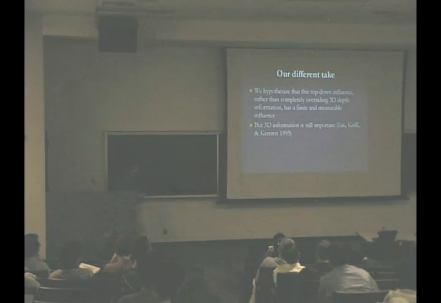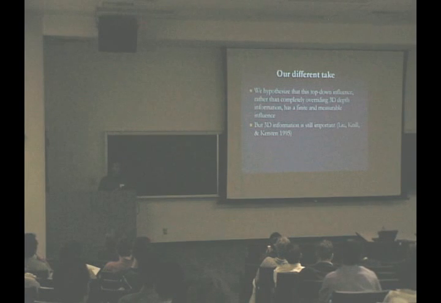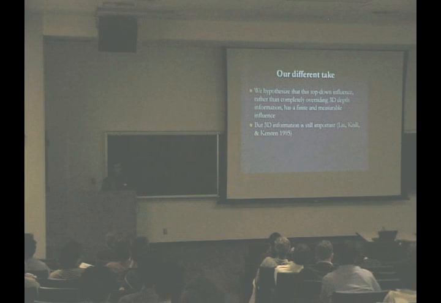We take, in this study, a slightly different approach. We hypothesize that this top-down influence of a meaningful human walker, rather than, as in the earlier study, completely overriding and overwhelming the 3D stereo information, actually has a finite but measurable influence.